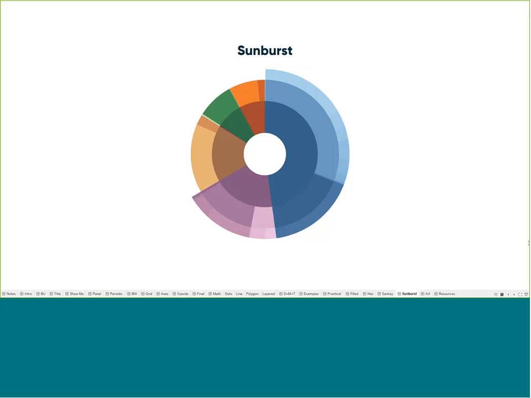So the inner ring, and this is my religion data that I showed before, shows the religious traditions. And then as we move outside, out towards the edges of those rings, we start to break those down. So we can see Abrahamic religions break down into Christianity, Judaism, and Islam, and then we can start to see even further breakdowns of the number of adherents to that.